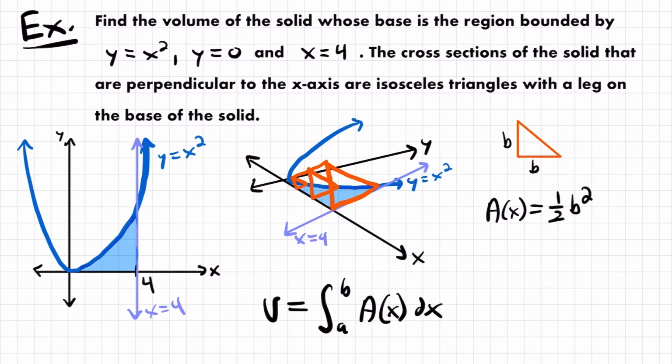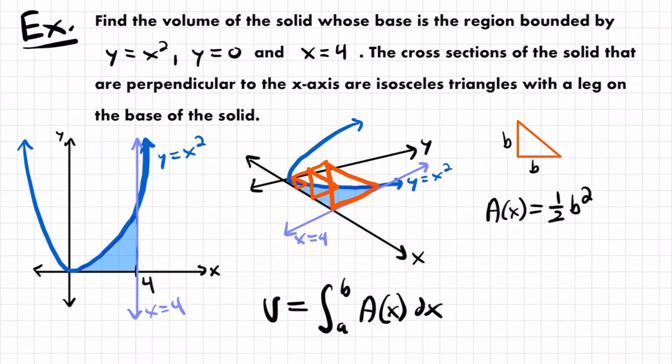And so now what we need to do is determine what b is equal to. And notice that b is the length of one of the legs of our isosceles triangles, and one of those legs lies along the base of our solid. And so that distance, no matter where we are in our region, the leg of these triangles is equal to the distance between the x-axis and this curve y equals x squared.